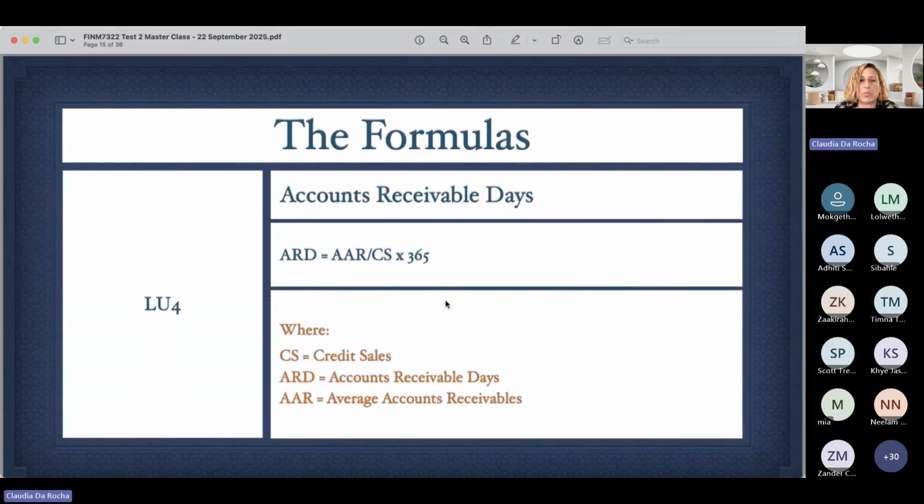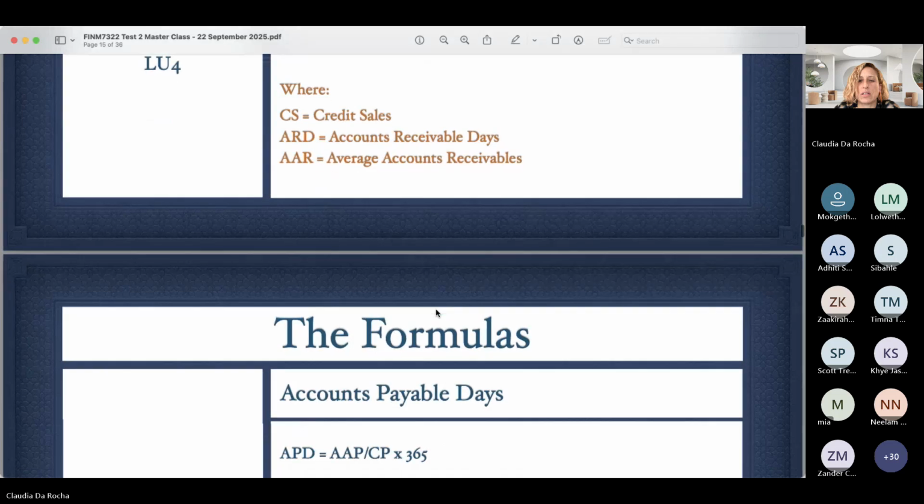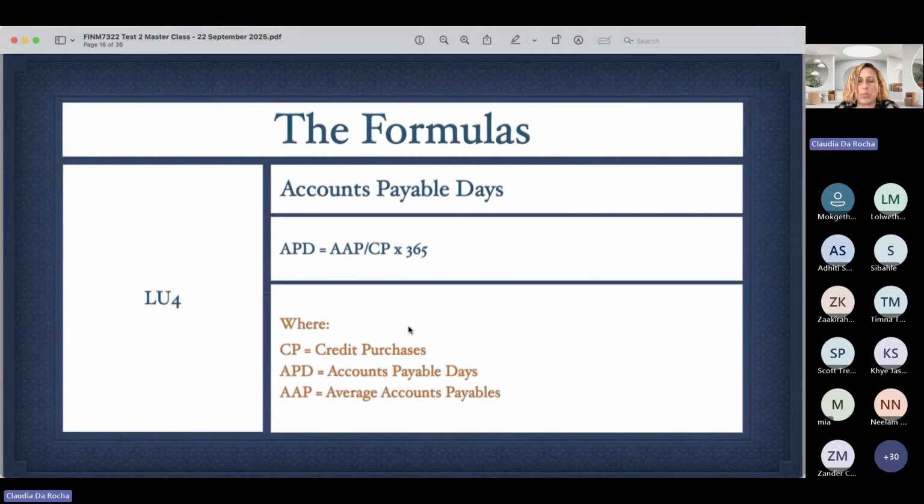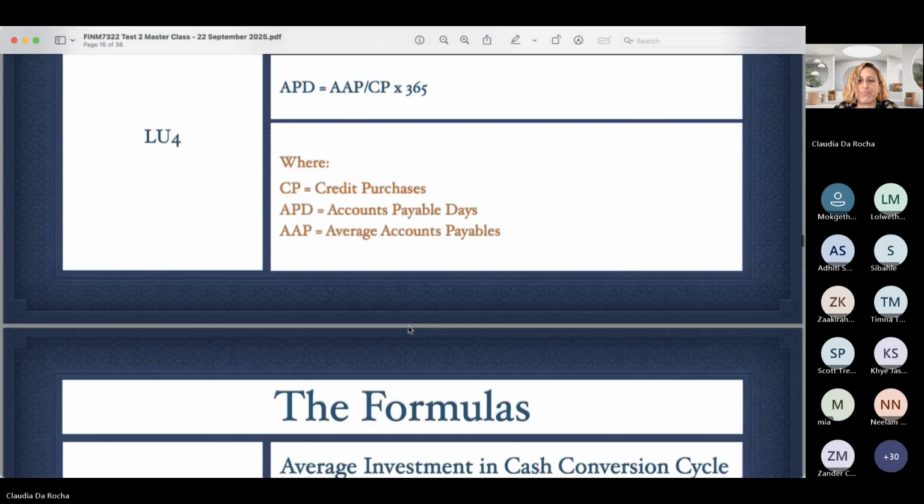Your accounts receivable days is your average accounts receivable divided by your credit sales times 365. Your accounts payable days is your average accounts payable divided by your credit purchases times 365.